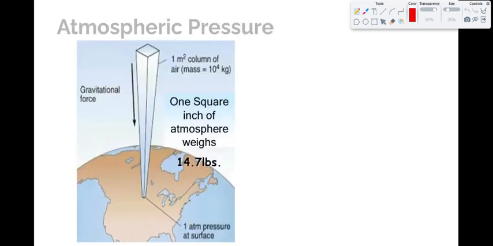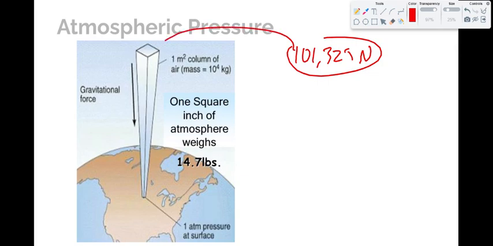One way of thinking about the pressure that the atmosphere exerts on the Earth is by thinking about a column of air that is 1 square meter on its base, and it goes all the way up to the top of the atmosphere. That would have a big enough weight that it would exert 101,325 newtons of force. That would be the weight of that 1 square meter column of air.